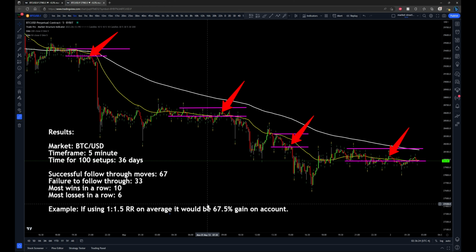So a very, very high figure there. And even with a 1 to 1 risk to reward ratio, according to this test, it's still producing very profitable results with a 67% win rate being incredibly high. So this one did really well and is very promising, definitely worth taking a look at and trying out.